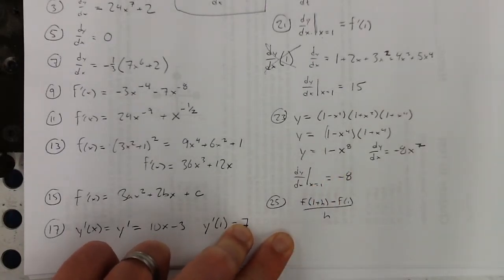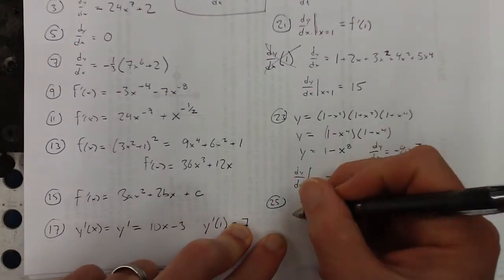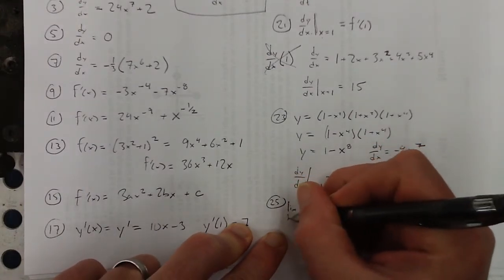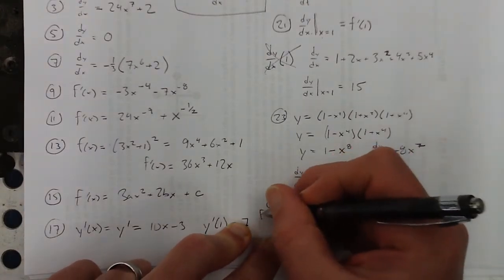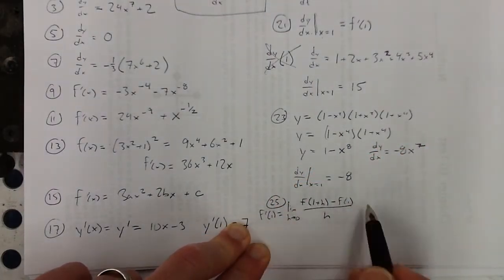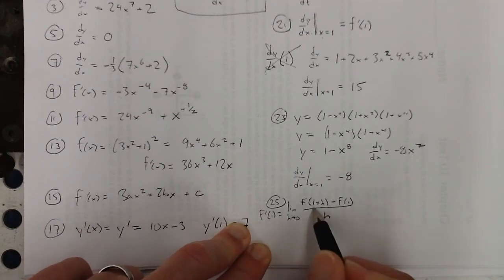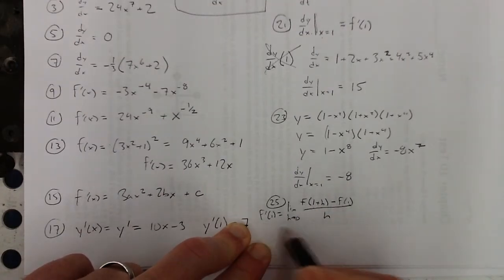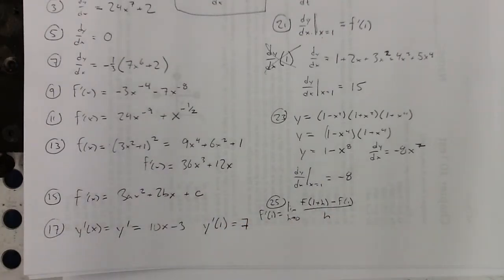You should recognize that as part of the definition for the derivative. So the limit as h approaches 0, f prime of 1. This is how you find f prime of 1 for any function. You plug 1 in for x, and then you do the definition of the derivative, right? For values of h near 0, and then find the exact value by differentiating.